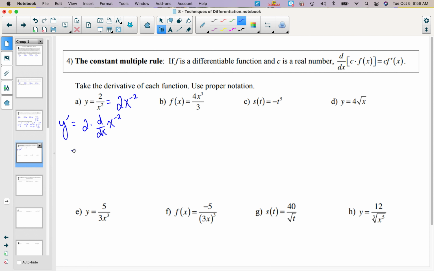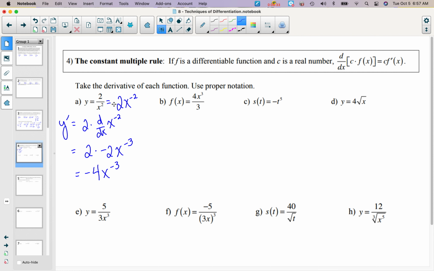So then I would end up with 2 times negative 2x to the minus 3, which of course is just negative 4x to the minus 3. Let me just kind of show you this easier.